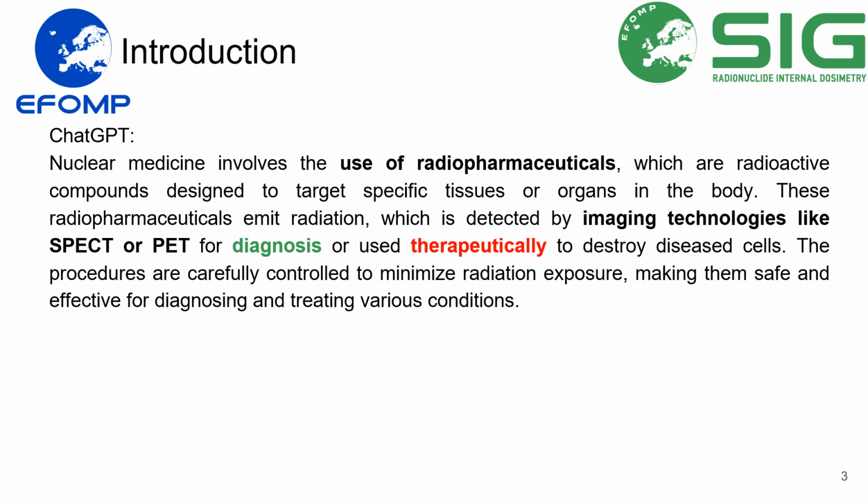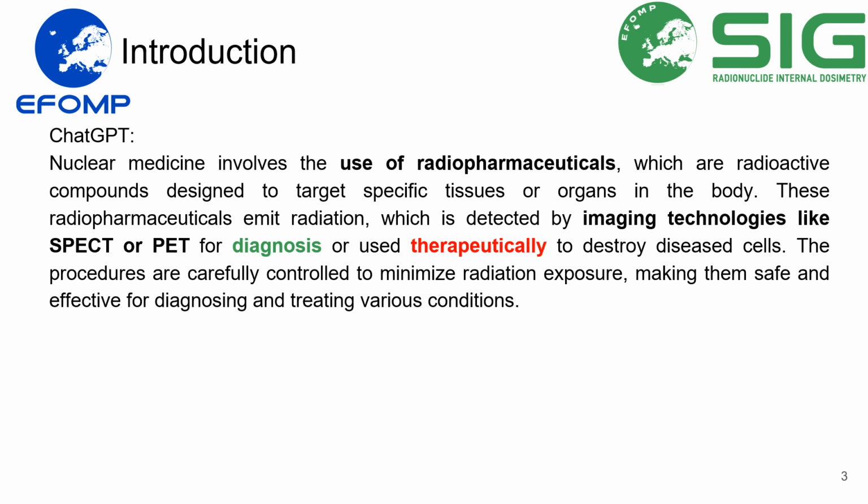So nowadays we would ask ChatGPT, what is nuclear medicine or what is radiopharmaceuticals? And ChatGPT would answer that nuclear medicine involves the use of radiopharmaceuticals, which are radioactive compounds designed to target specific tissues or organs in the body.